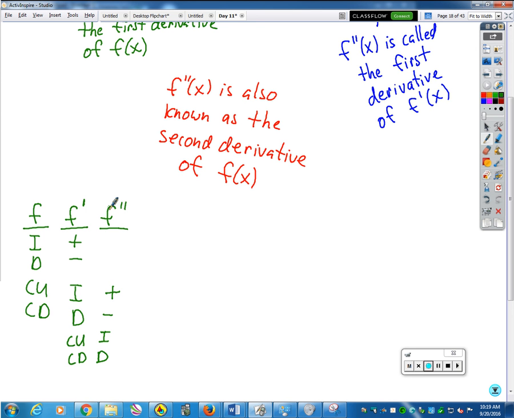Depends on the function. With many types of functions, no. With periodic functions, sine and cosine, yes. If f is sine, f prime is cosine, f double prime is negative sine, f triple prime is negative cosine, and then f quadruple prime would be back to sine again.